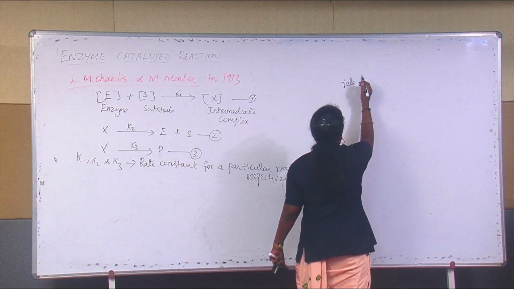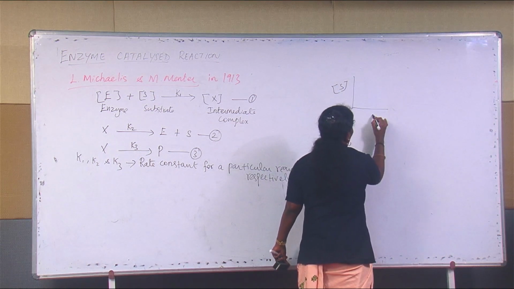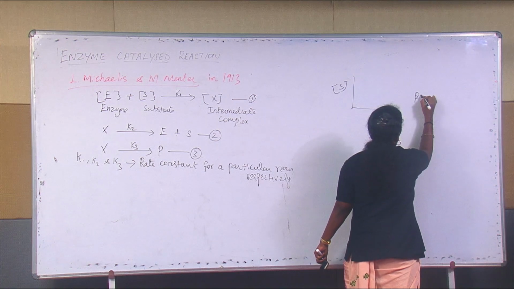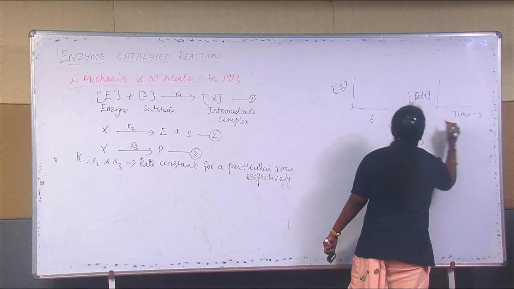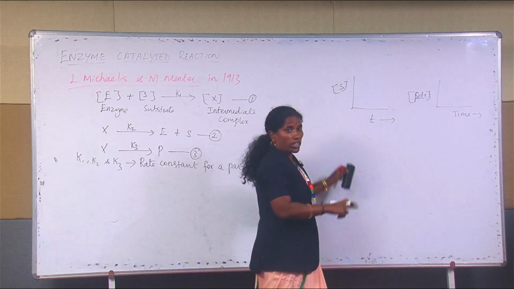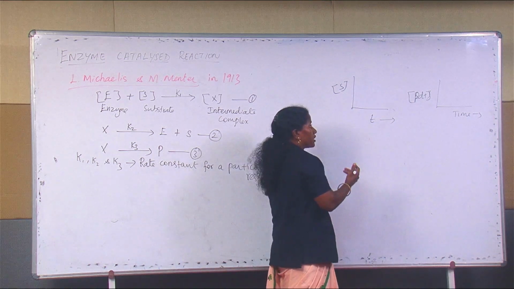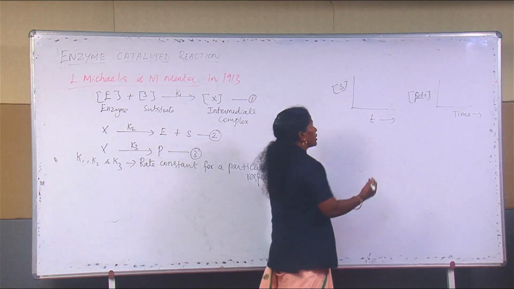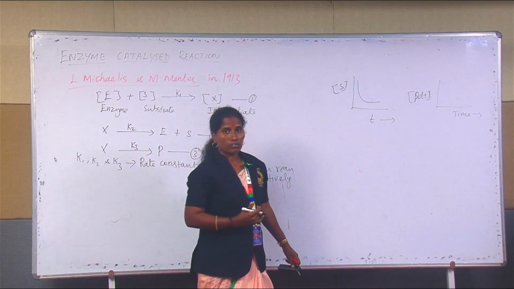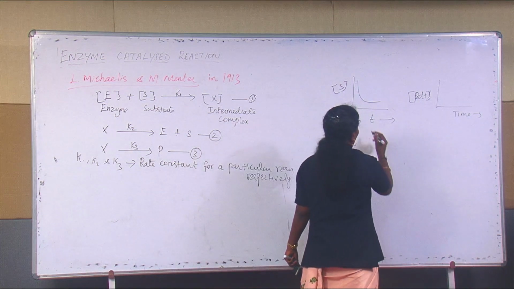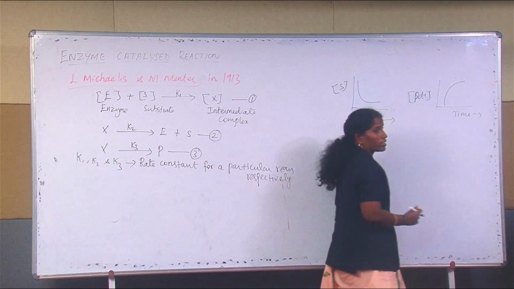If you plot the concentration of substrate with respect to time and the concentration of product with respect to time, then when you increase the time, the concentration of the substrate decreases, whereas the concentration of product increases with increasing time.